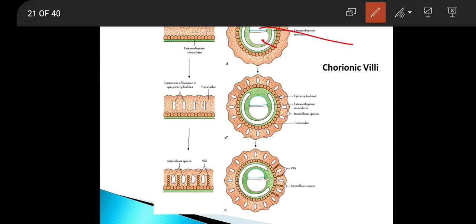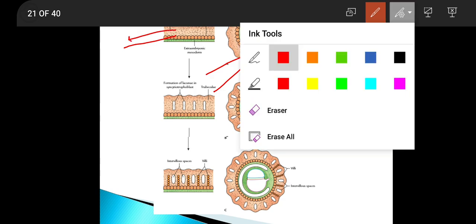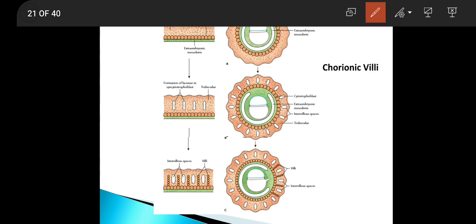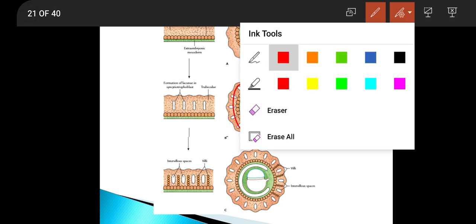The trophoblast has been divided into two parts, the cytotrophoblast and the syncytiotrophoblast. The projection of the cytotrophoblast which is covered by syncytiotrophoblast will form the primary villi. Now first, this outer one is the syncytiotrophoblast.